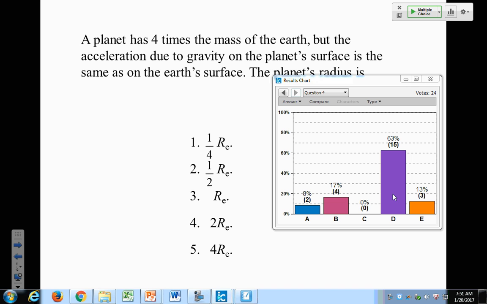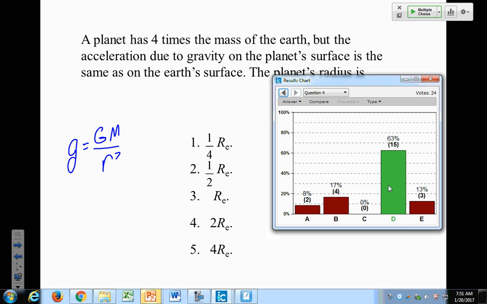Okay, better. Many of you would put what answer? D is right, but before, many of you would put E. A lot of you, maybe you would put A, but a lot of you would put E, which is also wrong. It's okay, Emma. So remember, our value for big G is just a constant times the mass of the planet divided by r squared.